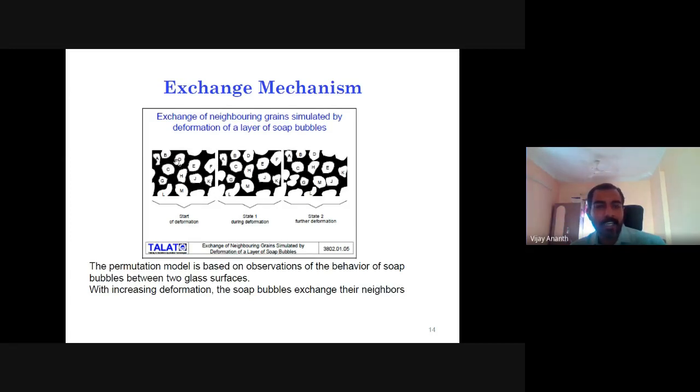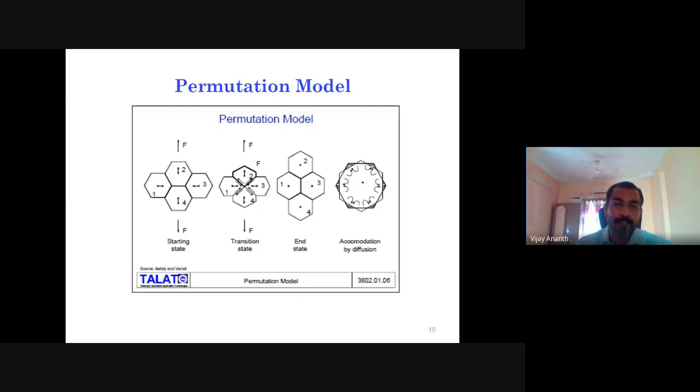So here A, B, D, and again D is moving in the upward direction. Again in stage 3, further deformation takes place. Again this A, B, D takes place, and again K is moving here. So the grains are moving like soap bubbles. How the soap bubbles move from one place to another while we are applying the load in the material, the grains move like the soap bubbles. This is the exchange mechanism of superplastic forming.